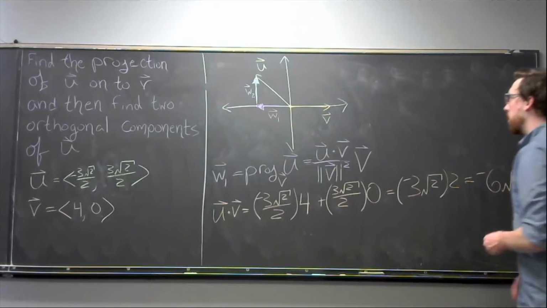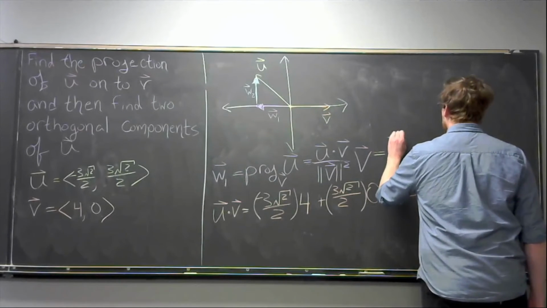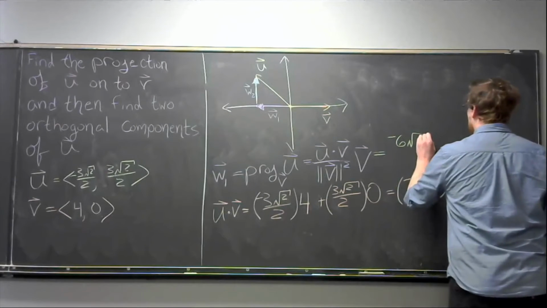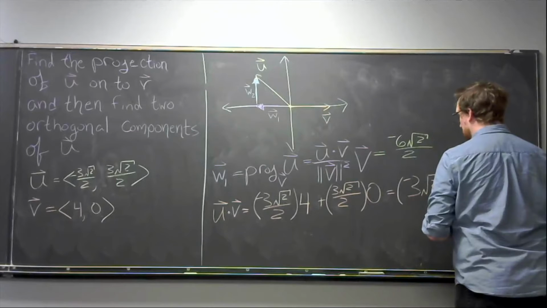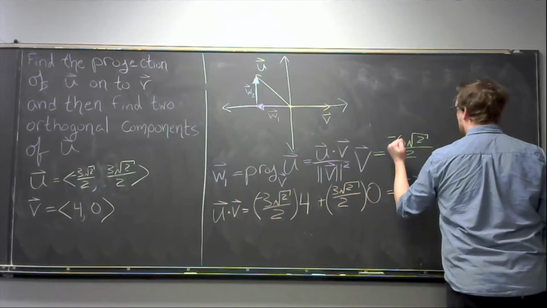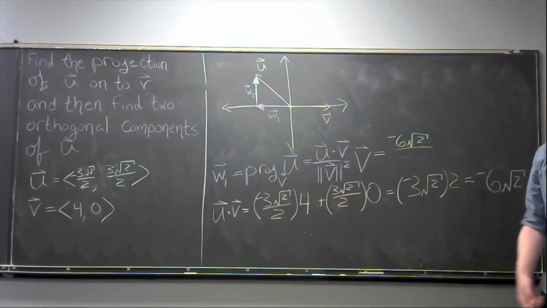All right, so let's write this in for our numerator: -6 times the square root of 2.